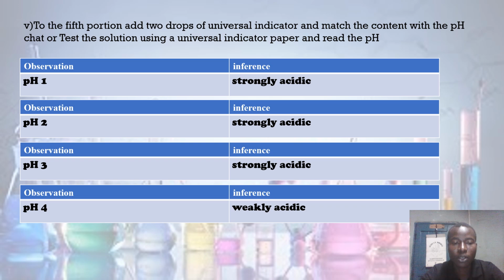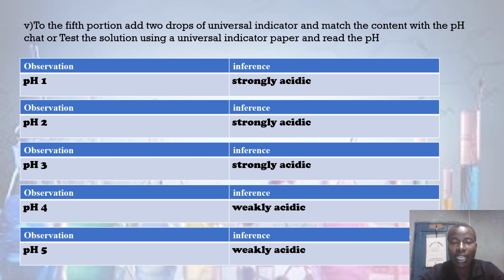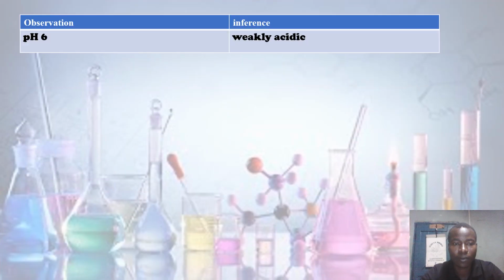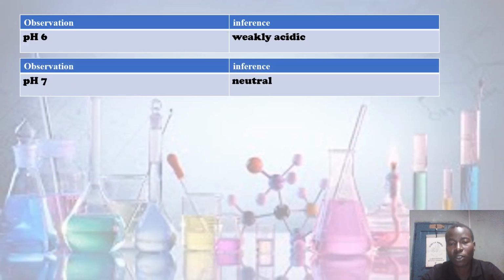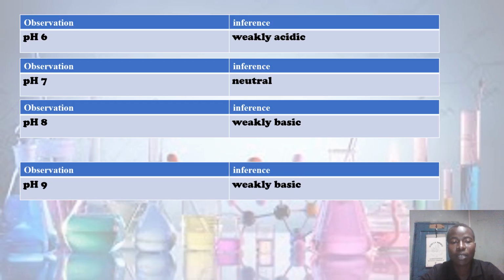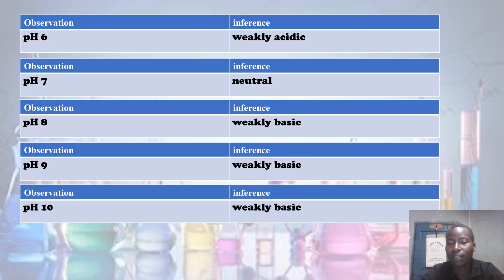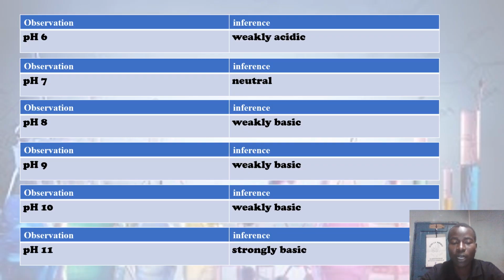So pH4, pH5, and pH6 implies that the solution is weakly acidic. pH7 means the solution is neutral. pH8, pH9, and pH10 implies that the solution is weakly basic. pH11, pH12, pH13, pH14 implies that the solution is strongly basic.